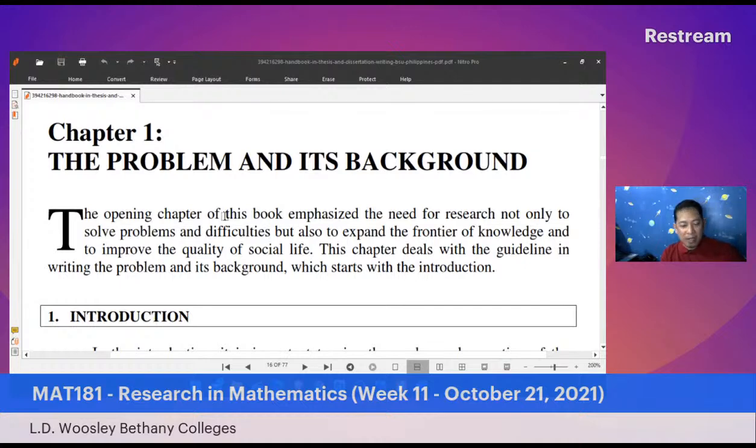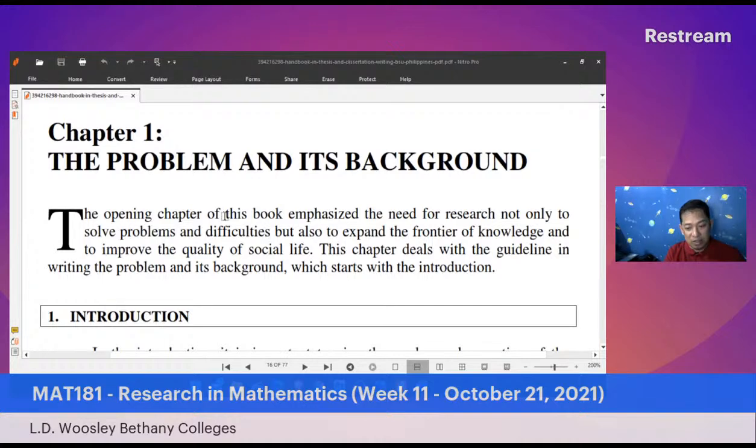So, the problem and its background, though I will also have a checklist for this, no? The opening chapter of this book or the research itself is the need for research not only to solve problems and difficulties, but also to expand the frontier of knowledge and to improve the quality of social life. Okay, so that's perhaps an introduction. This chapter deals with the guideline in writing the problem and its background, which starts in the introduction.